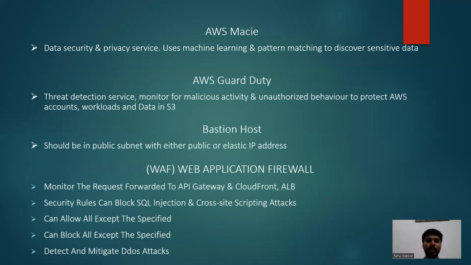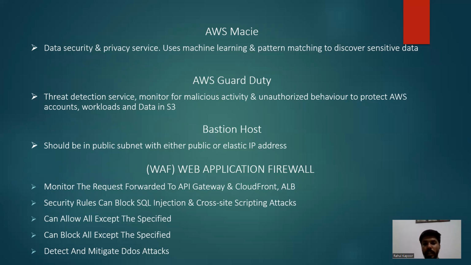Amazon Macie is a data security and privacy service. It uses machine learning and pattern matching to discover sensitive data. Then we have GuardDuty. It is a threat detection service that monitors for malicious activity and unauthorized behavior to protect AWS accounts, workloads and data in S3. Okay. The services doing these jobs seem similar, but you need to keep in mind the unique things related to them.